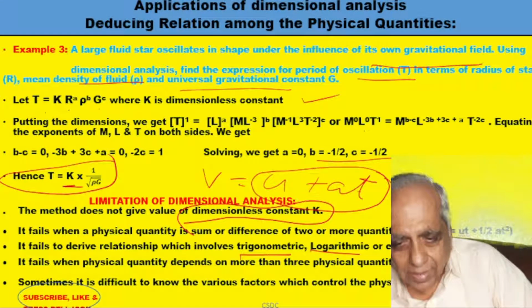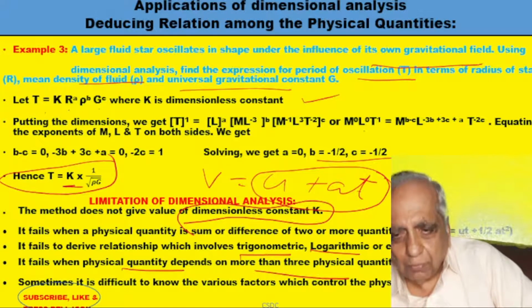And in case the physical quantities on which it depends are more than 3, then you can't use it, because on the left hand side we have got 3, m, l and t, which we are using. And sometimes you may not be able to judge properly the physical quantities on which it depends.